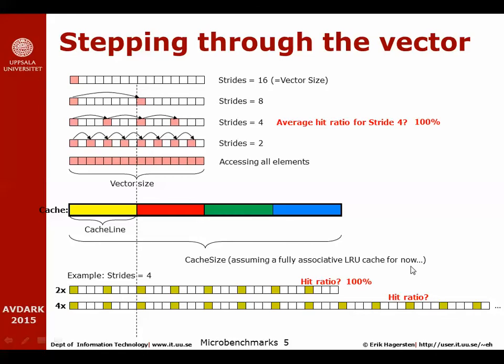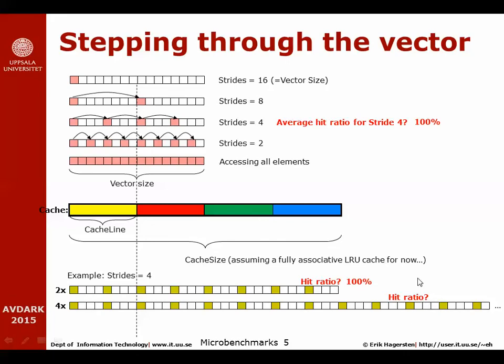So what will happen here is the first cache lines that we brought into the cache will be replaced because we have an LRU replacement strategy and it's a fully associative cache. So we're going to continue along this line here, and we're going to replace the yellow cache line, the red cache line, green cache line, and the blue cache line. And then we start off from the beginning again. So when we come from the beginning, now the yellow cache line has been replaced and is no longer in the cache. And then we're going to repeat that experiment over and over again.